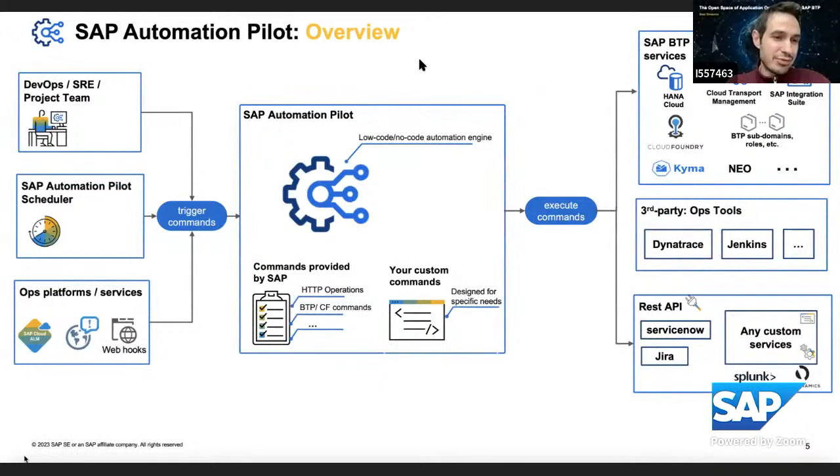For the alert notification and the automation pilot, all the details and explanations on capabilities, use cases, and so on are already recorded in the previous sessions. If you have missed those, just take the time and go through these recordings.